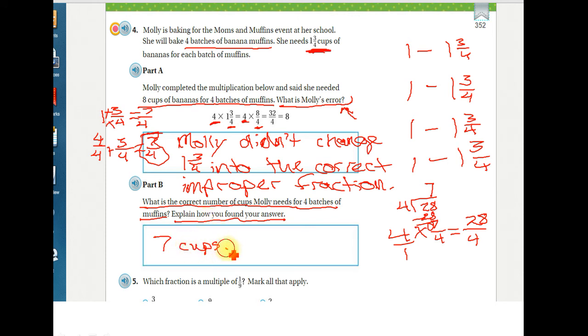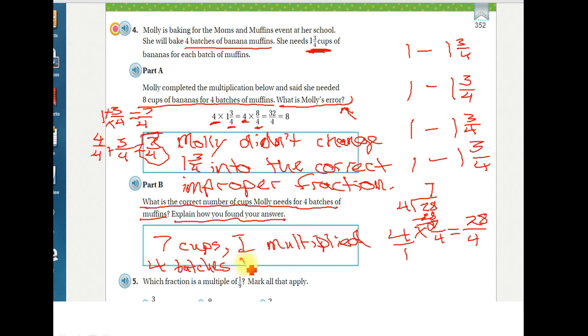Explain how you found your answer. And now we're just explaining. I multiplied, right? I'm just saying in words what I did mathematically over here. I multiplied 4 batches, because the 4 represents the batches.